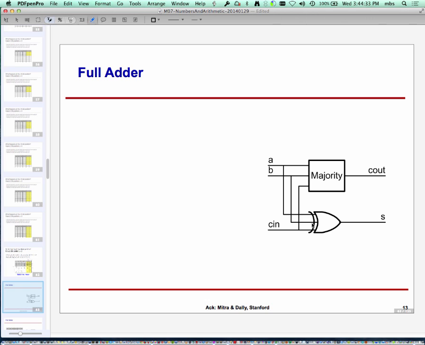How can you implement a 3-input XOR gate with 2-input XOR gates? Anyone? What do you think this circuit would do? Let's try it.